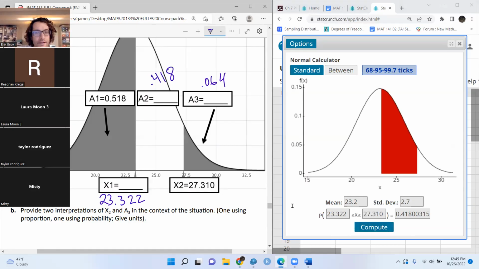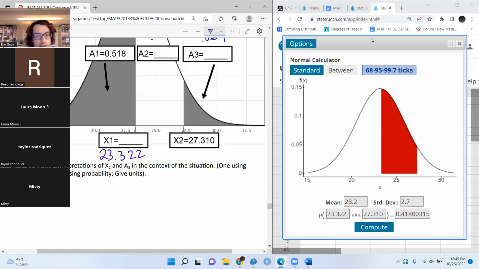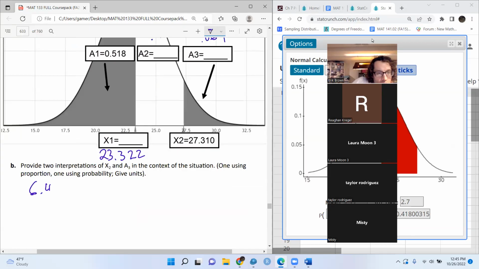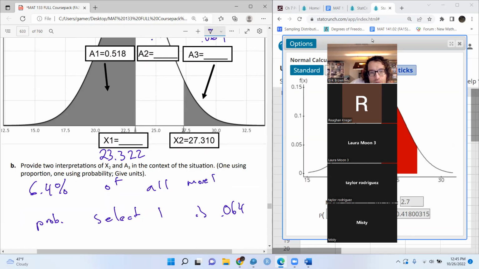Yep. Okay. Did you say that 6.4% of all, and the probability to select one is 0.064, and that they're drinking more than 27.310 gallons annually?